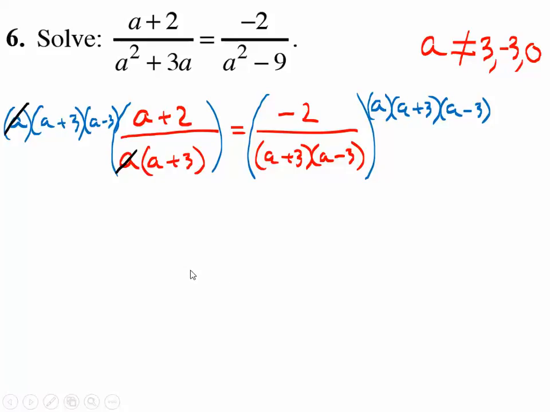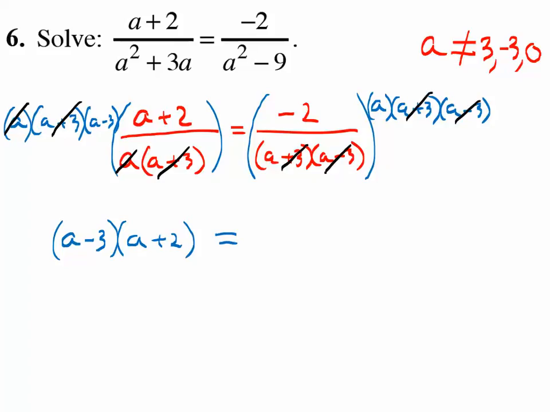Let's see, the a's are gone. The a plus 3's are gone. So really this is a minus 3 times a plus 2. On this side, the a plus 3's are gone, the a minus 3's are gone, so we're left with an a on top and a negative 2, so how about a negative 2a?